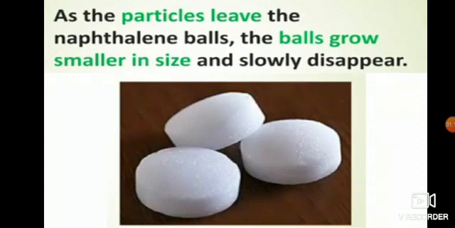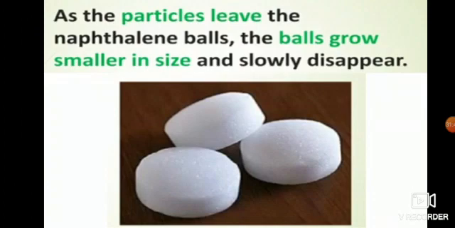The reason is that, as I told you before also, these naphthalene balls are in the solid form. So when they come in close contact with air, what happens? They are converted into gaseous form. So they become smaller and disappear. The same thing happens with the Odonil.